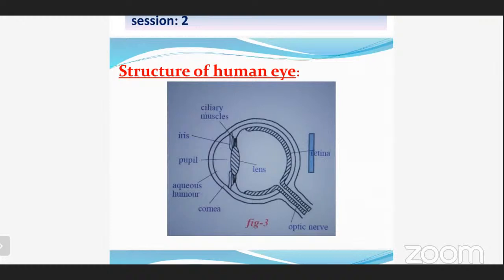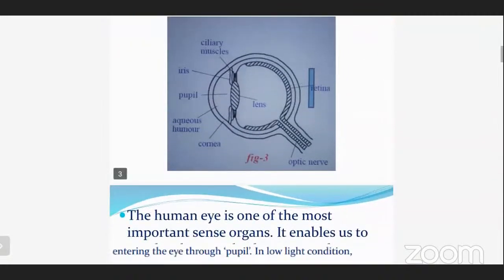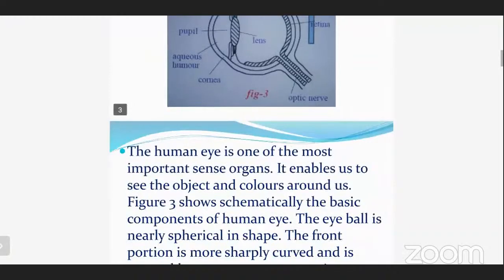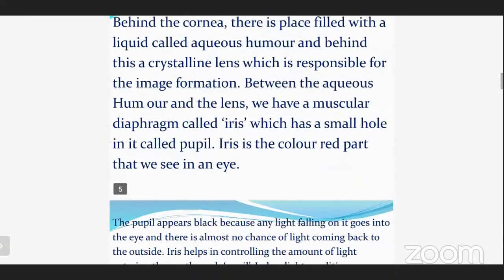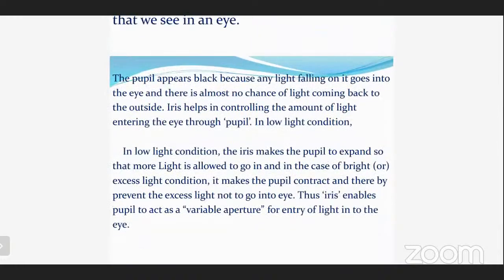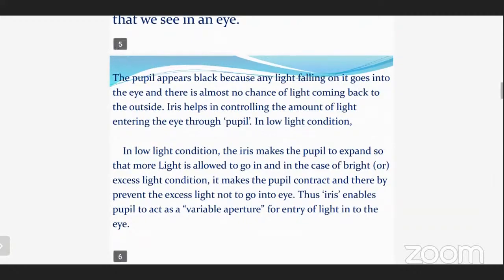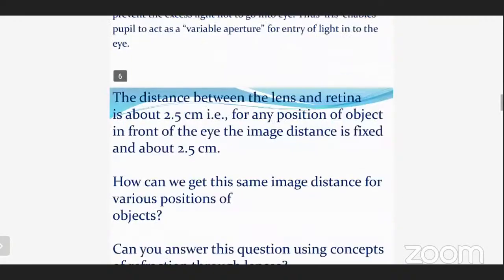So it is called a variable aperture. The pupil appears black because there is no light reflection; it absorbs the total light entering it. So the pupil is black in color. Iris acts as a variable aperture.